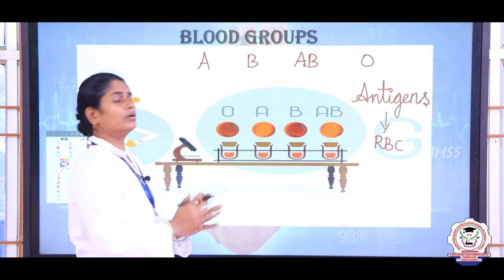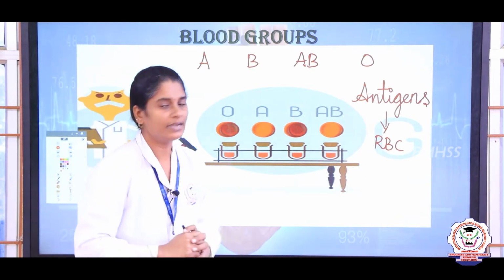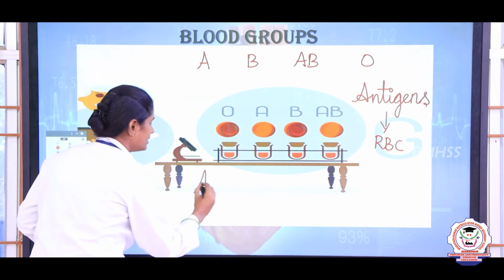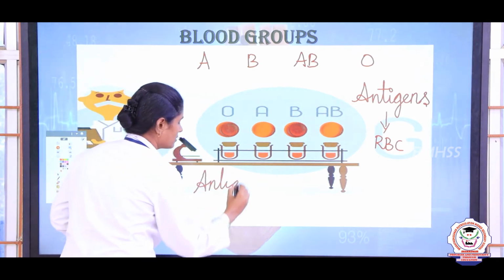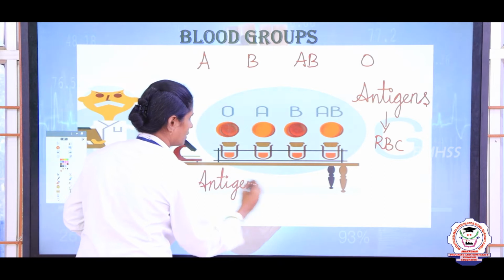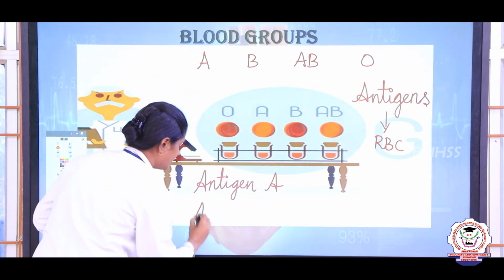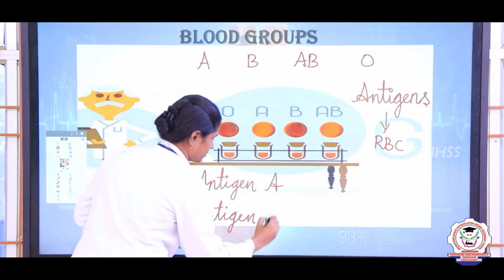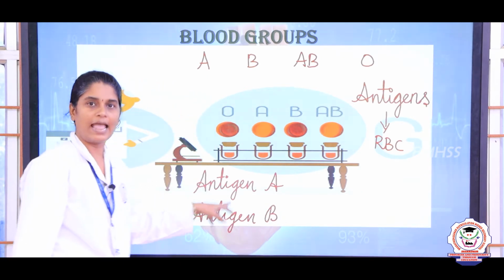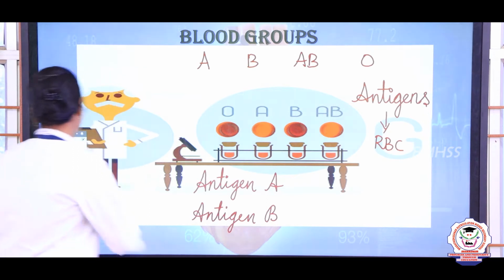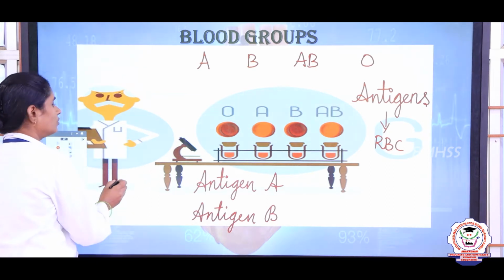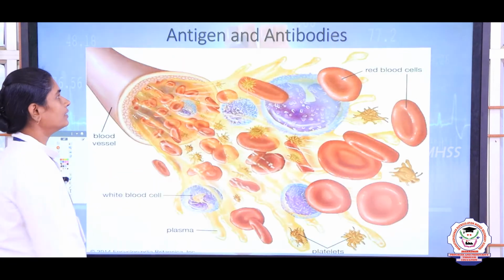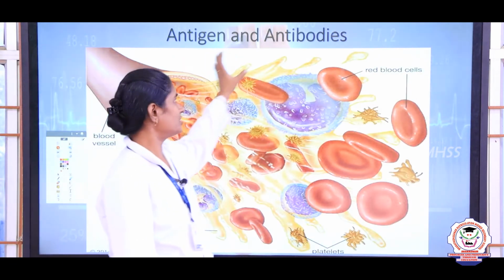There are 2 types of antigens, antigen A and antigen B. You can see here that in the blood we have antigens and antibodies.